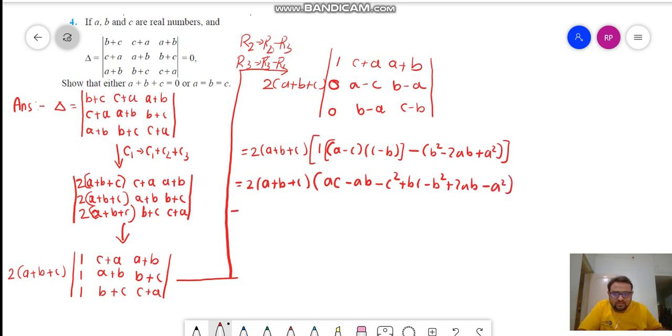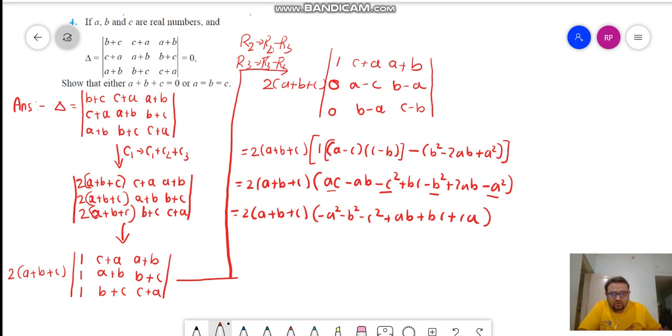So I will get this as 2 into A plus B plus C. Let's take minus C square, minus B square, minus A square. So minus A square minus B square minus C square. AC, okay, minus AB plus 2AB, so it will be plus AB and plus BC. So plus AB plus BC plus CA.